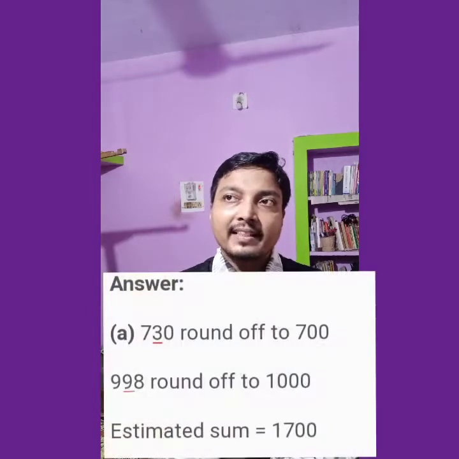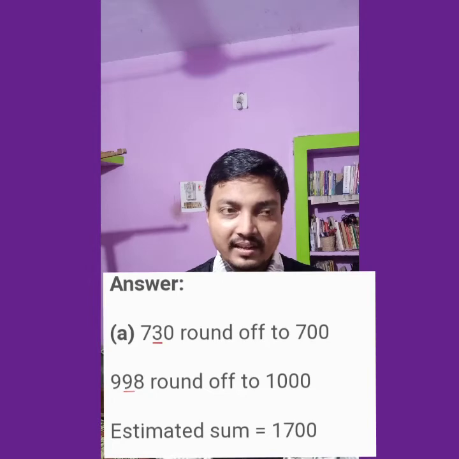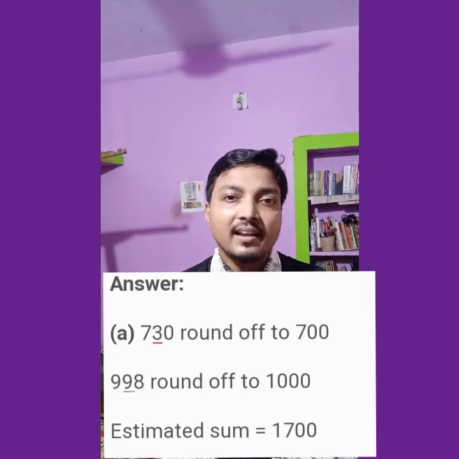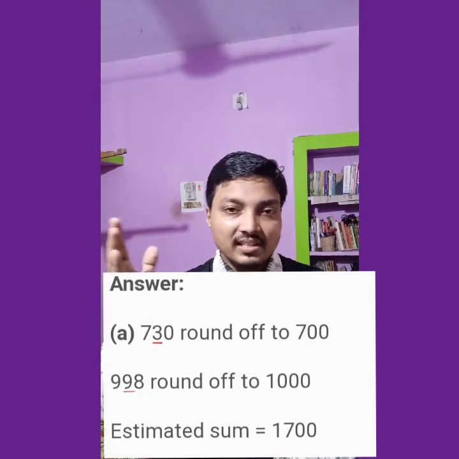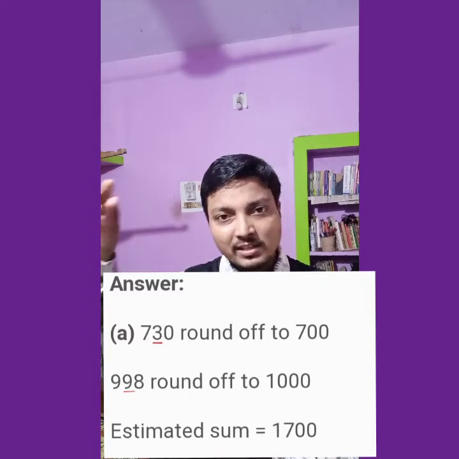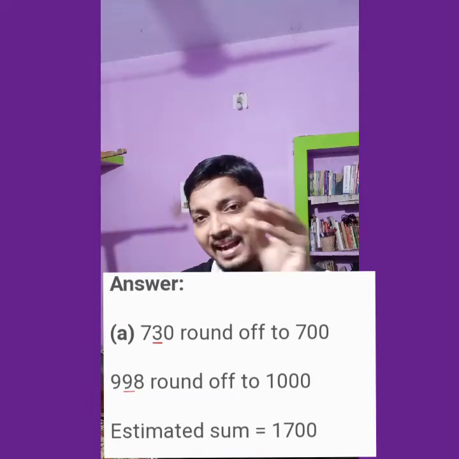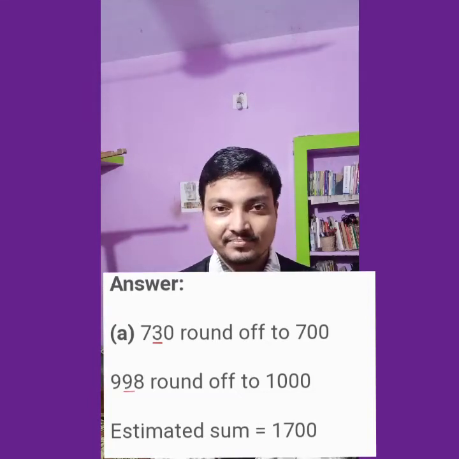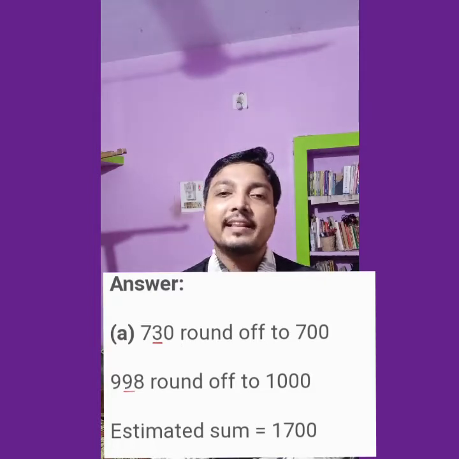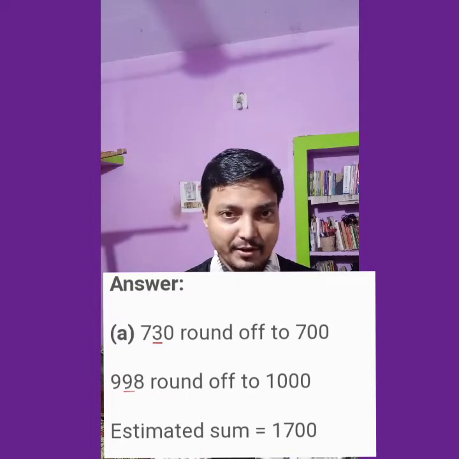For 730, rounding to the nearest 100 means we check the 10s digit, which is 3, less than 5. So the 10s place and ones place are replaced by 0, and the previous digit 7 remains the same. So 730 rounded to the nearest 100 is 700.